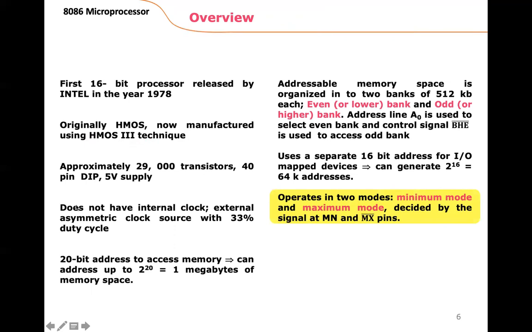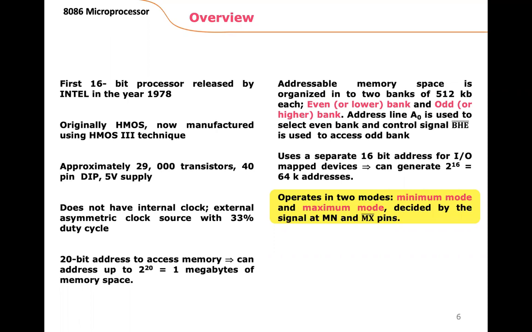It does not have an internal clock, it uses an external clock, with a duty cycle of 33%. On memory, this microprocessor has a 20-bit address line and 16 data lines. The data line is 16, but the address line is 20.